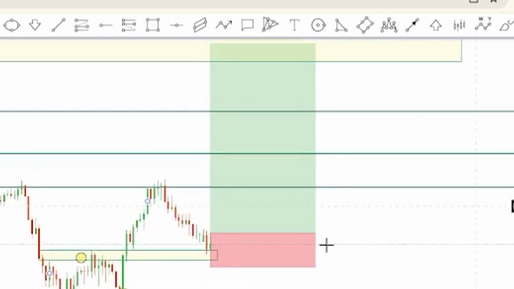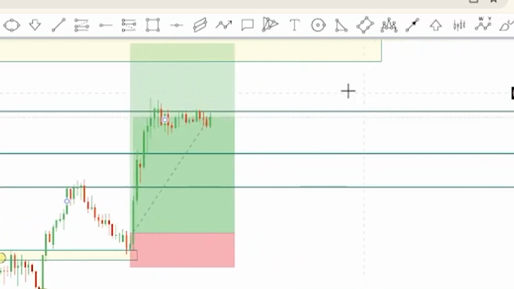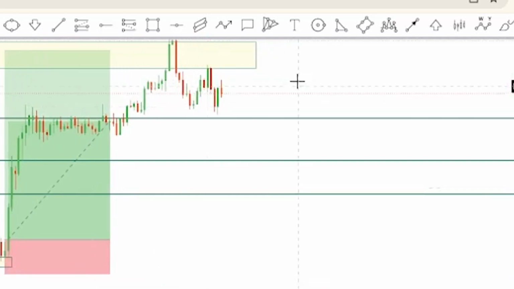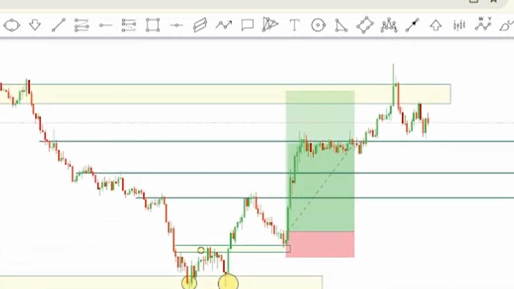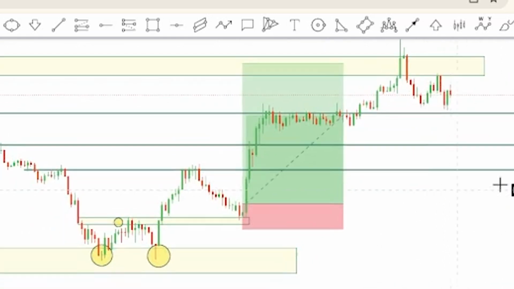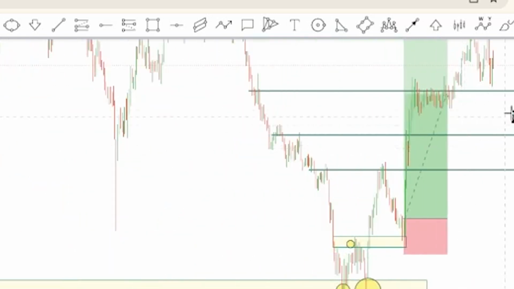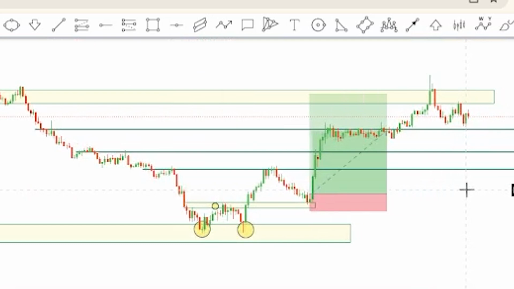The market pushed very quickly, a very easy trade from this area, and then we got our target very well. So guys, that's how we trade the double bottoms. Remember, the double tops and the double bottoms are reversal chart patterns.